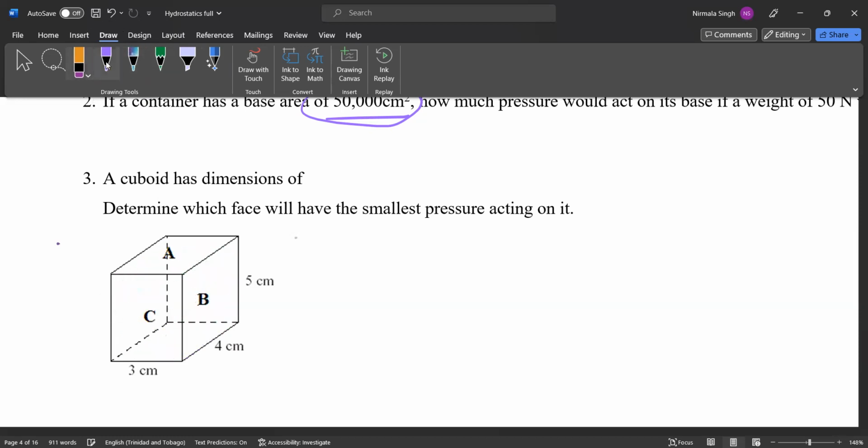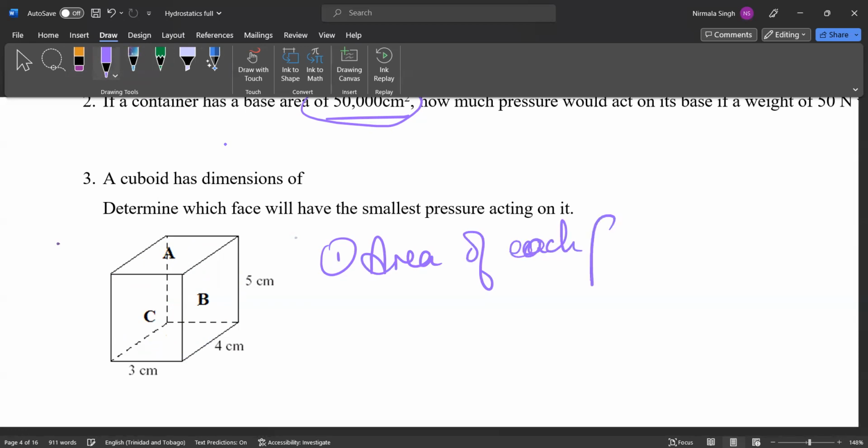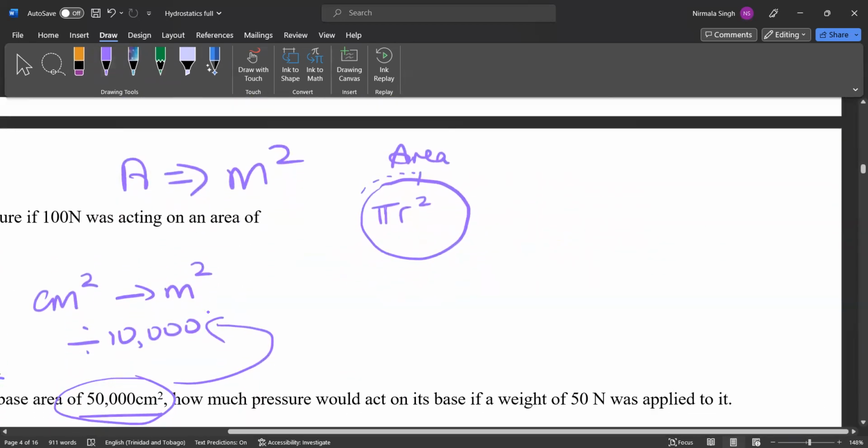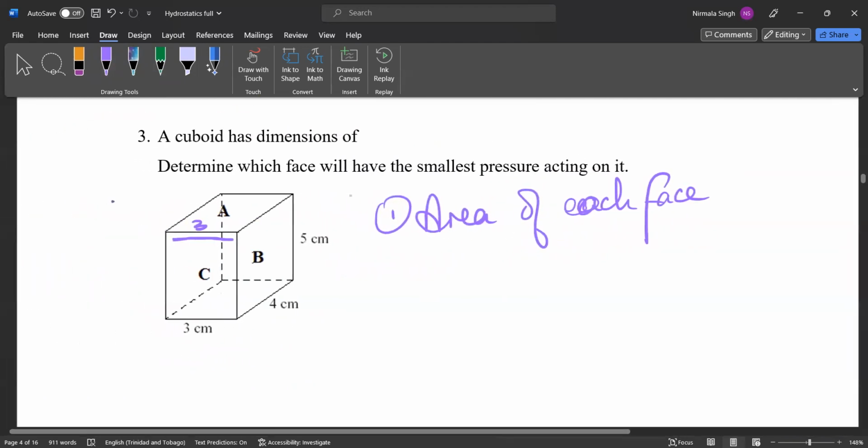So what you're going to do for a question like this, you're going to work out the area of each face. Now if you look here, A has a breadth of 3 and a length of, anybody want to tell me the length of A? 4.